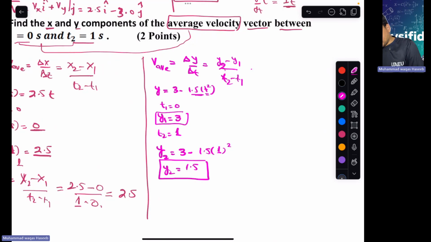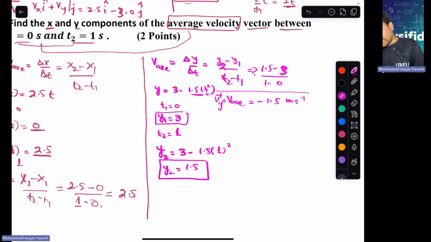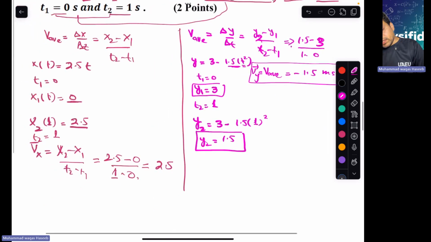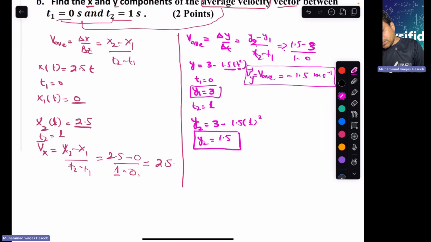You just substitute: 1.5 minus 3 over 1 minus 0, so you get minus 1.5 meters per second. This is the average velocity along y, and 2.5 meters per second along x.